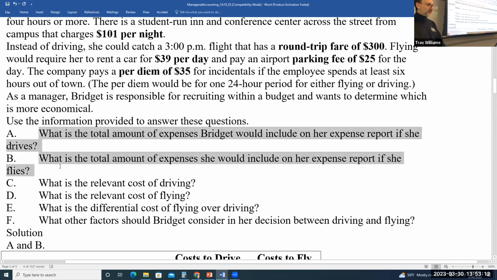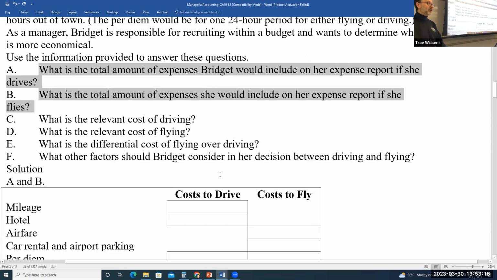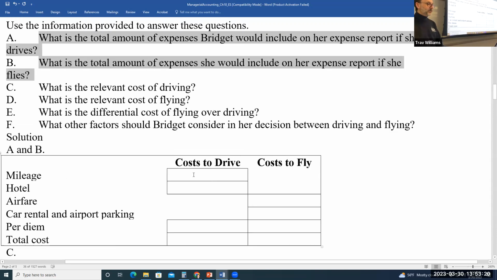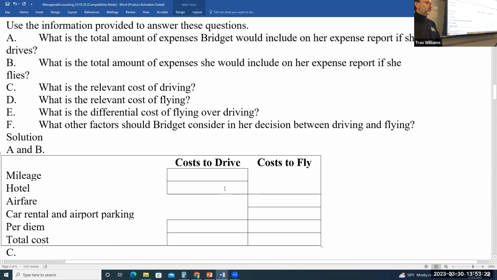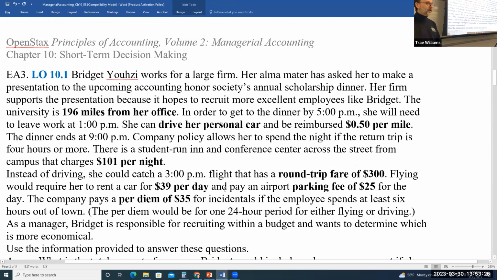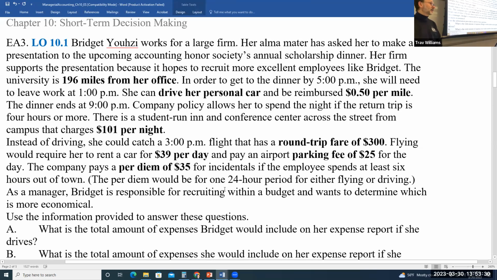We'll solve A and B together using this table down here. Basically, we'll compare the cost of driving and the cost of flying. So under cost of driving, the first thing we have is mileage. So with what we know, what's it going to cost the company for mileage reimbursement if she drives?